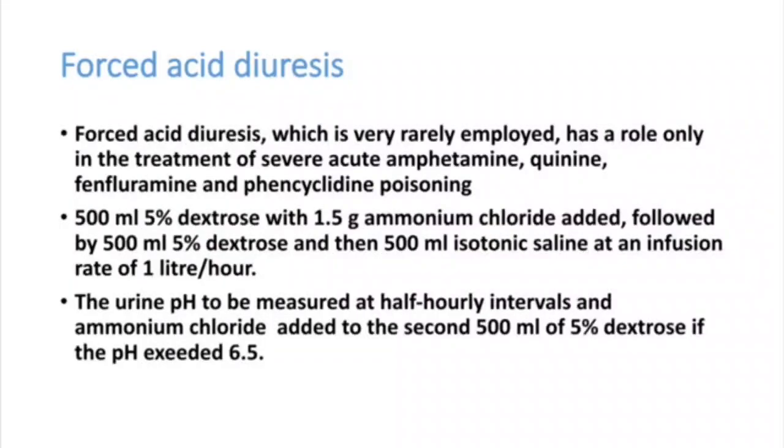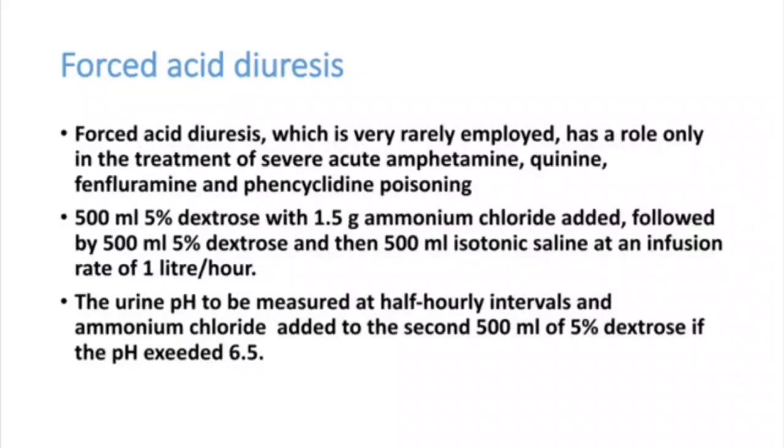Here 500 ml of 5% dextrose with 1.5 gram ammonium chloride is added, followed by 500 ml of 5% dextrose and then 500 ml isotonic saline, at an infusion rate of 1 liter per hour. The urine pH is measured at half an hour intervals, and ammonium chloride is added to the second 500 ml of 5% dextrose if the pH exceeds 6.5. This is not used nowadays, but I have told it only for theoretical purposes.